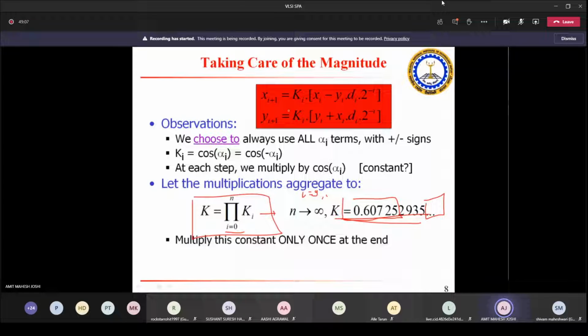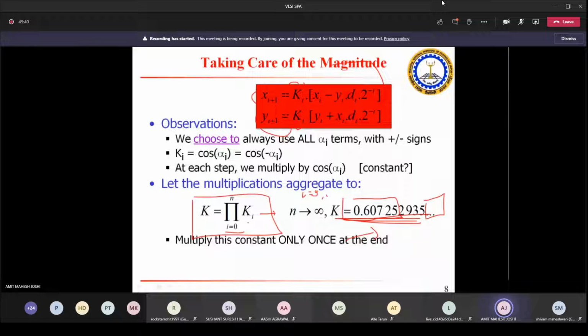So what people can do, you can simply neglect this presently. Whenever you come up with this particular value, at the end, as post-processing, you just multiply whatever value you are getting with this one to get the actual value of x i plus 1, y i plus 1. Because irrespective of whatever the angle, this k is fixed.